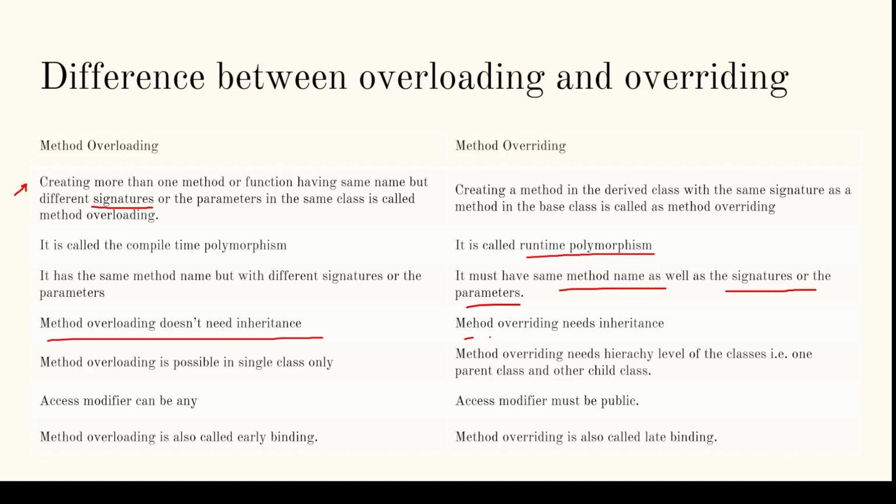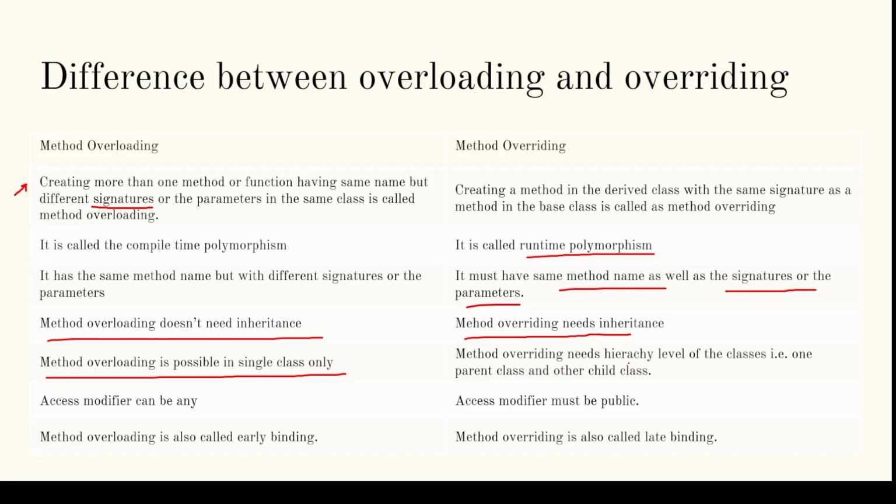Method overriding needs inheritance. If you remember last video, we were having some child classes and parent classes, and using those classes, we were implementing the method overriding. Method overloading is possible in single class only. That we have seen in this video, we have created method overloading class. In that class, we were overloading the methods.